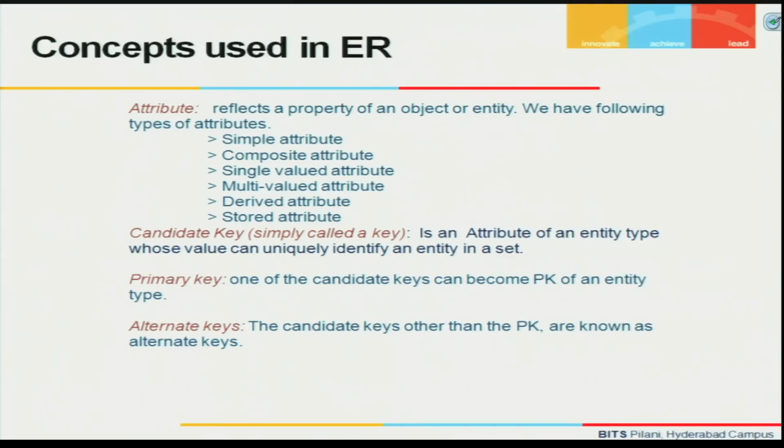So that's why both are unique. In that case, both provide unique identification to the entities in that employee entity set. So both of them are called candidate keys, and we can make one among them the primary key, and the remaining candidate keys will become alternate keys.